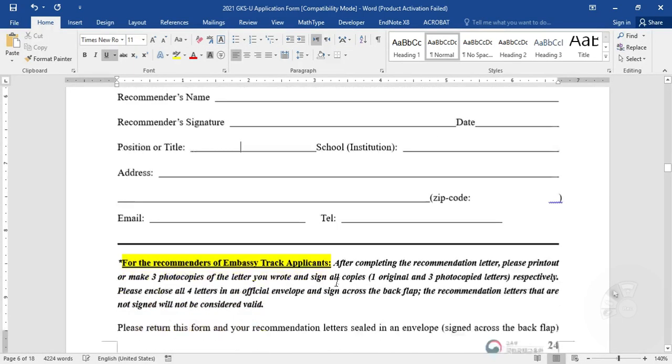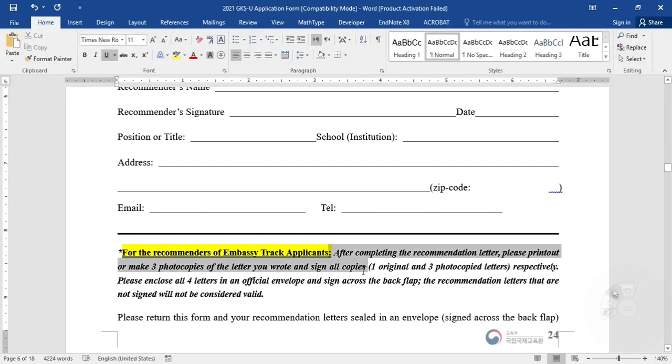And after filling this form and writing your recommendation letter, he should make 3 copies of that same letter and this page, and sign all the copies, and enclose all 4 letters in an official envelope.